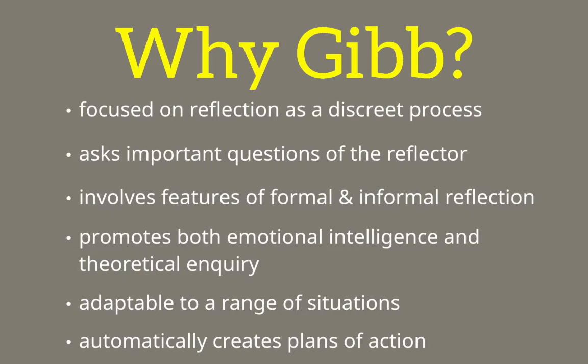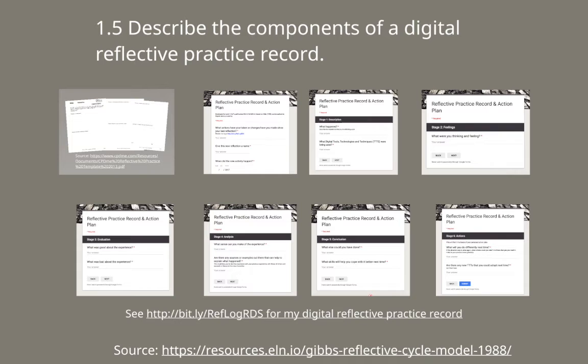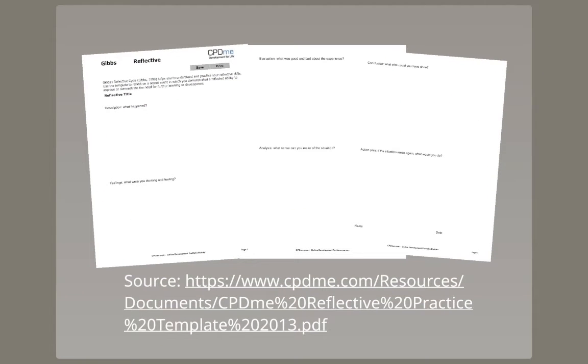And I'll show you a little bit more about that when we look now at the components of digital reflective practice records. So, as I mentioned earlier, there are proformas out there online that can be used by practitioners to conduct reflective practice.